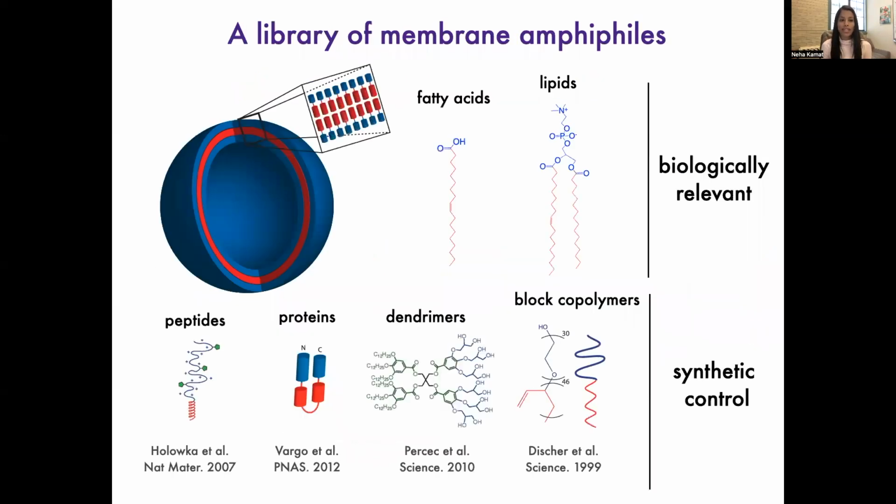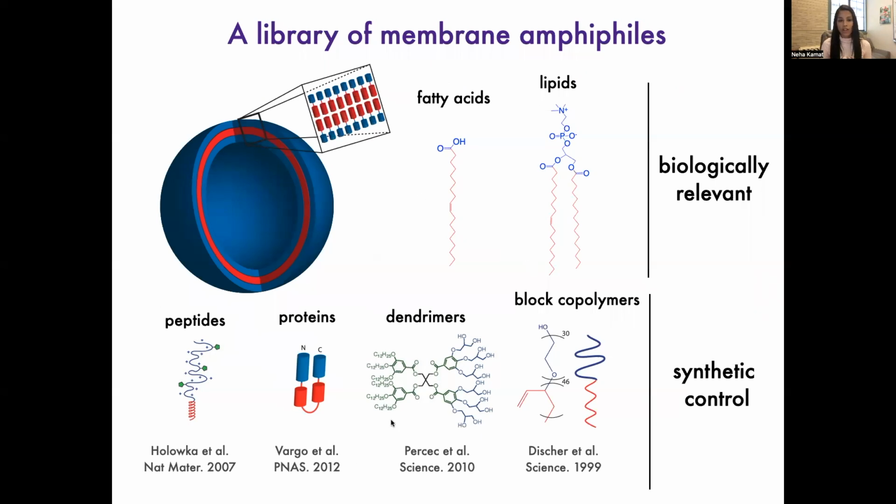So when we build membranes in our laboratory, we work with a variety of amphiphiles. These molecules can be ones you find naturally exist in cells, like fatty acids and lipids, but they can also be molecules that you would not normally find in a cell membrane. Amphiphiles form from peptides, proteins, dendrimers, or even completely synthetic diblock copolymers.